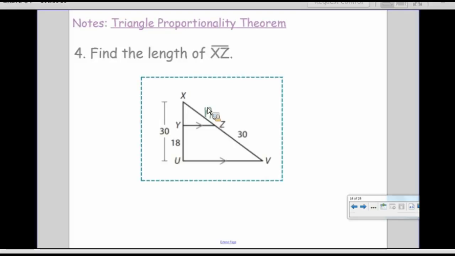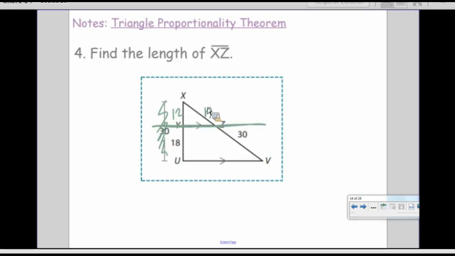Jonathan, what do you want to do first? Thank you. We are going to take 30, and we're going to subtract 18, and we're going to get 12. We needed this 12. You can't use the 30. The 30 is not a partial side. It's not splitting it up. See how we said the theorem says, hey, this segment splits the triangle proportionally.